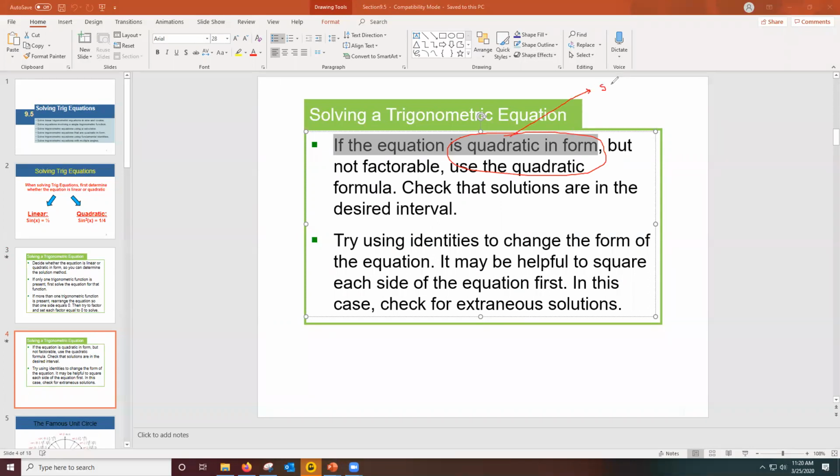You can use a square root method, or you can use a factoring method, or you can use the quadratic formula. So when we get a quadratic trig equation, we're going to check out these options. And remember, these options are in order from easiest to most complicated.